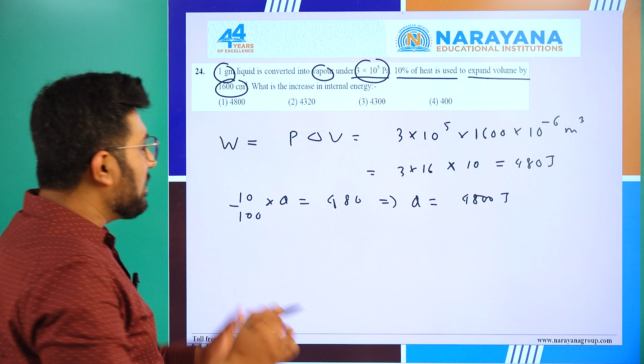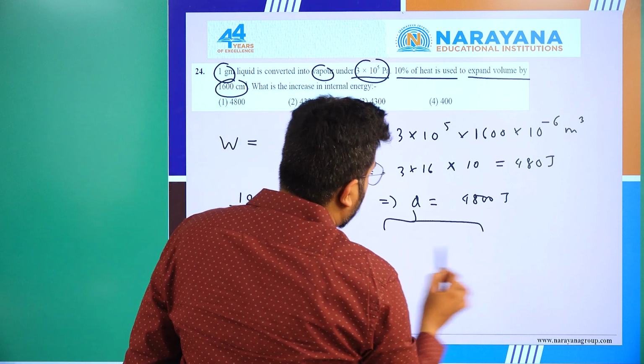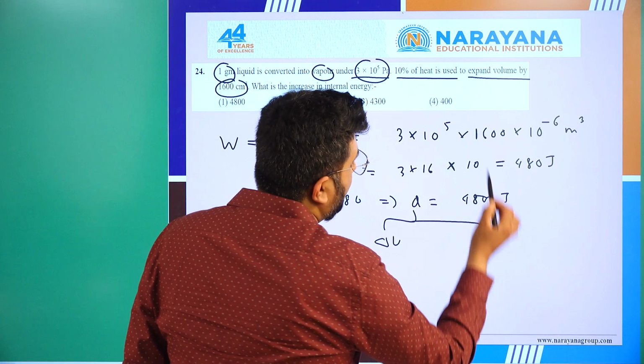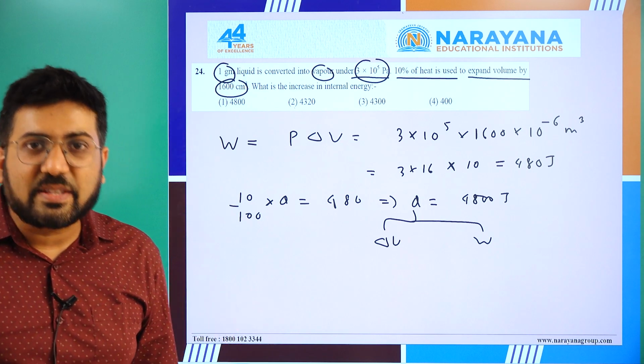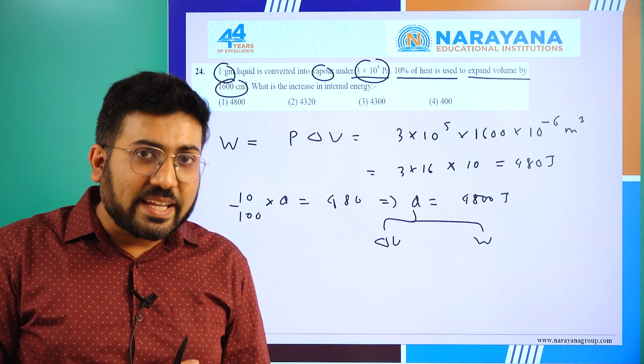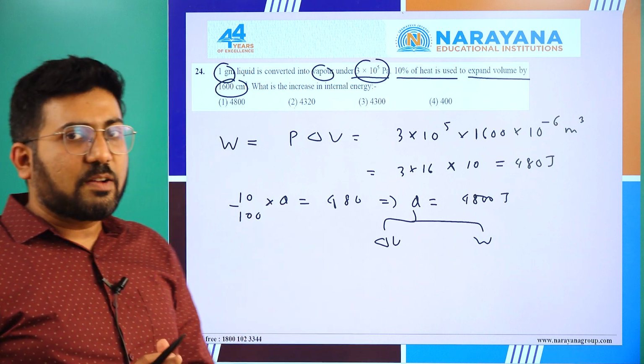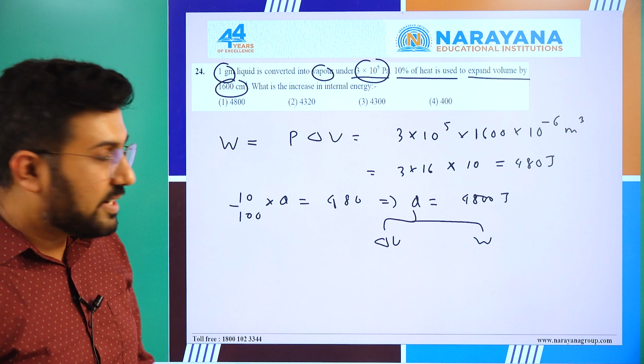Now I know the first law of thermodynamics relates Q, delta U and W. If W is 10%, that means the remaining 90% of the heat is required to increase the internal energy.